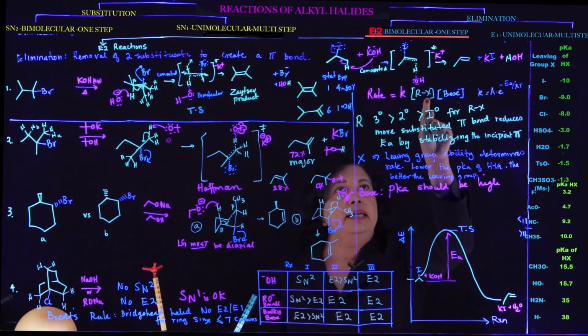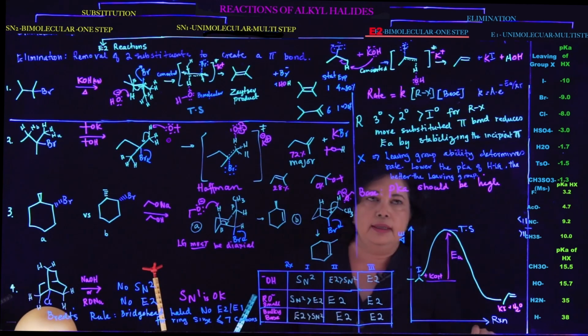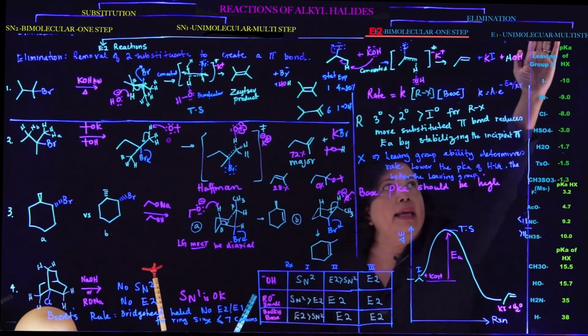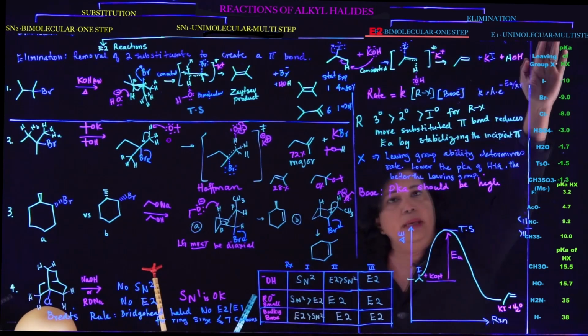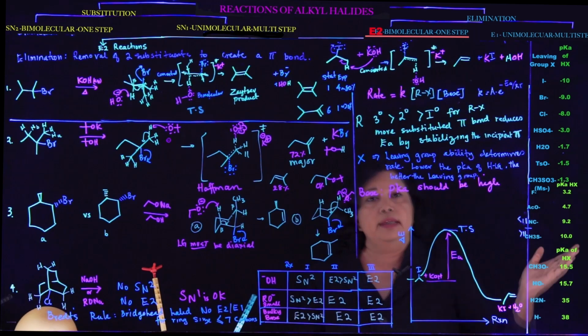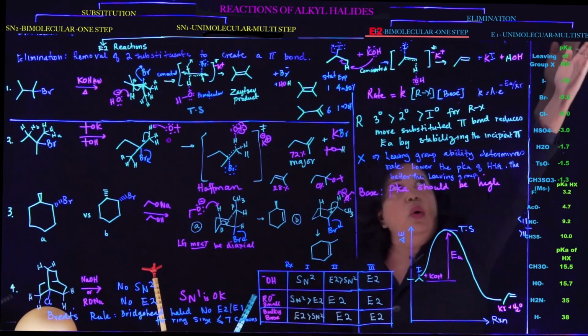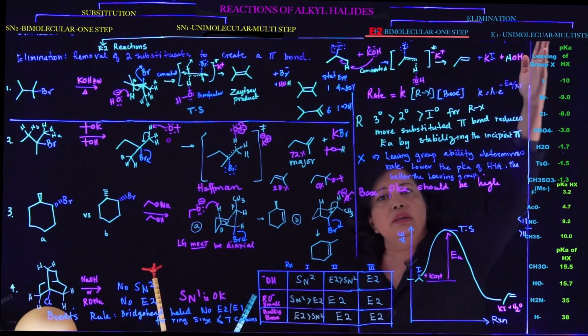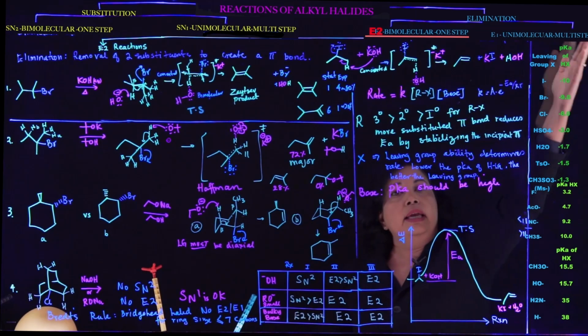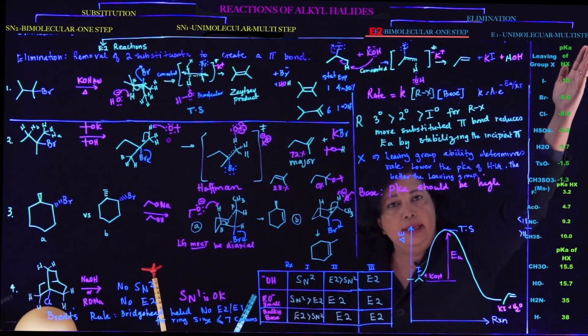Now, the second part is your X group. That's your leaving group. How do you know leaving group ability? There really are no guesses here. You just look at the pKa chart. The lower the pKa of the conjugate base, the better the leaving group ability. It is low because they're more stable and they want to be here, which is why they're dissociating more and your Ka is high and therefore your pKa is low.